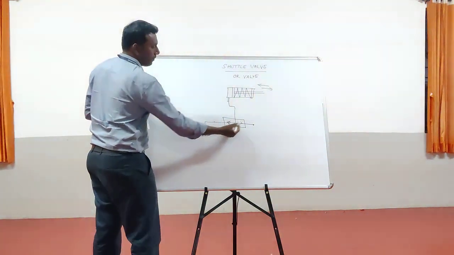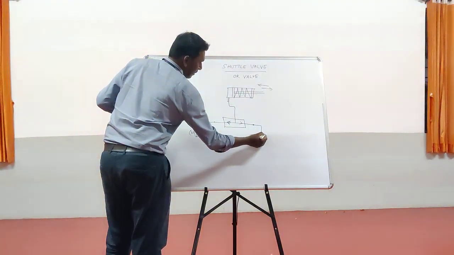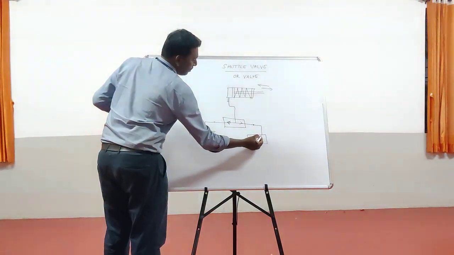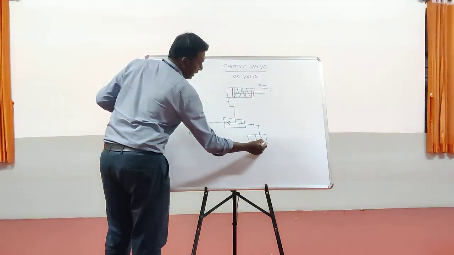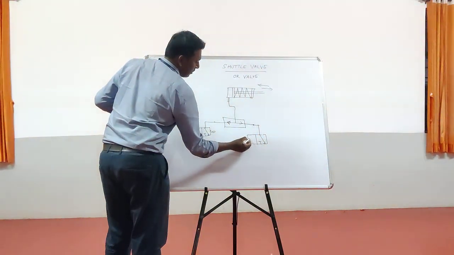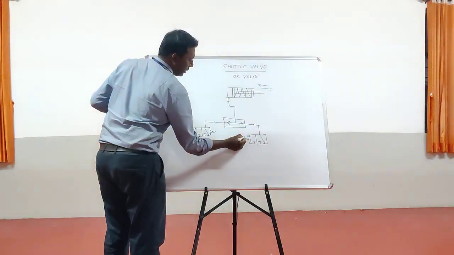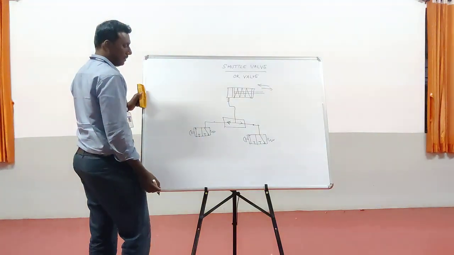Like this input, the other input is also connected to another 3/2 direction control valve. By using these direction control valves, we are going to change the position of the actuator.